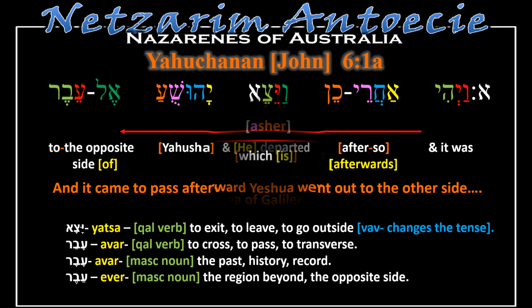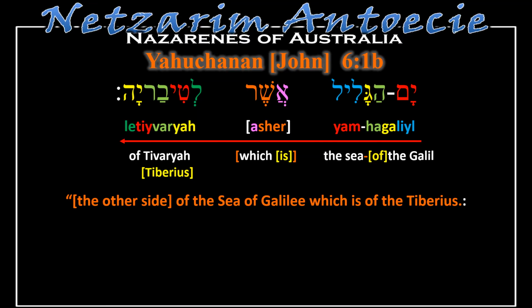And then we move on to part B, where we have a yod, mem sofit, that means mem at the end of a word, hey gimel lamed yod lamed, aleph shin resh, lamed tet yod veit resh yod hey. And then it is yam, which means the sea, and you could add of, ha-galil, the sea of the Galil, asher, which, and I've added is, letivarya, Tivarya.